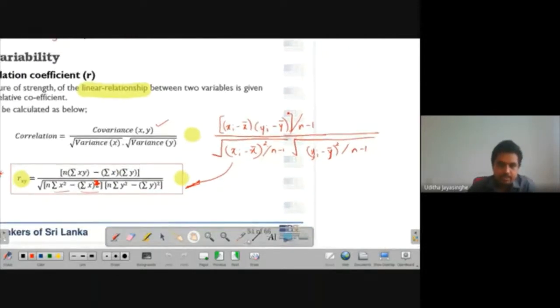Let me use the pointer. Talking about this part, xi minus x bar multiplied by yi minus y bar. Forget about this n minus 1 for the moment. Once you have this xi minus x bar to the square, and then take the square root, eventually you are left with something like one xi minus x bar. Here on this side also, one yi minus y bar element will be left.